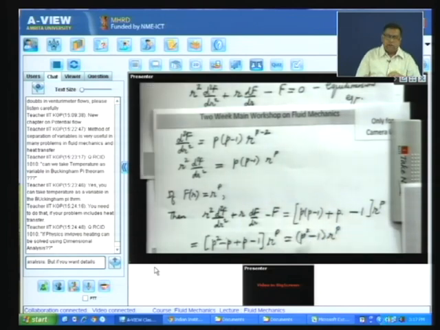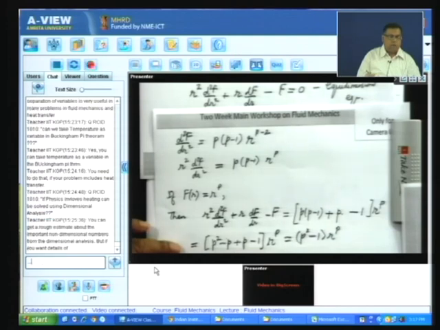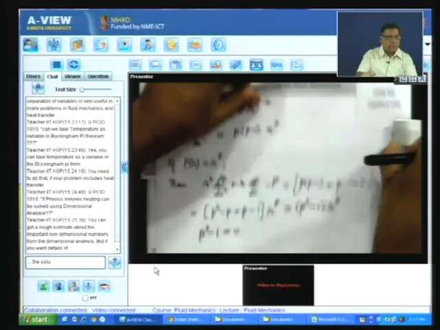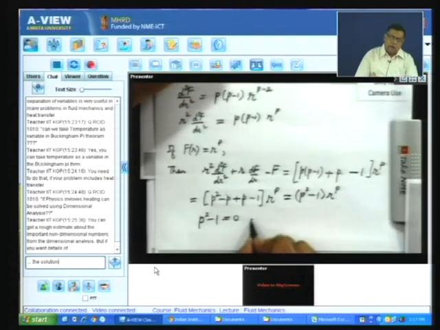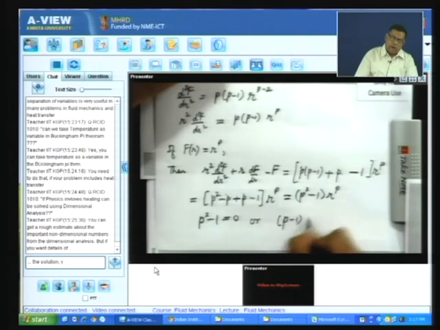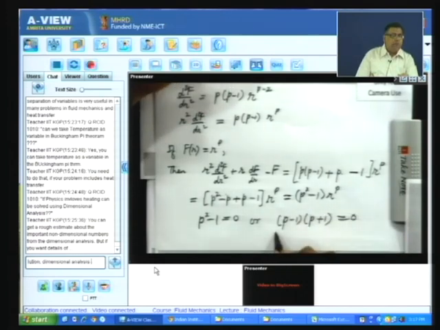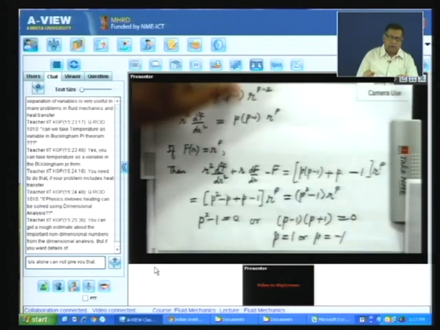Now, r to the power p is not 0. So, p squared minus 1 must be 0, or in other words p minus 1 into p plus 1 is 0. So, there are 2 values of p which satisfy this equation, p squared minus 1 equal to 0. One is p equal to 1, the other is p equal to minus 1.